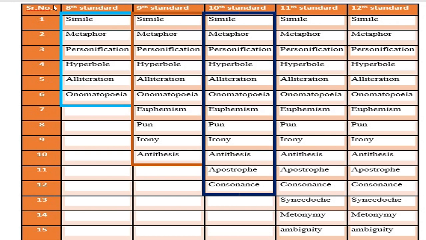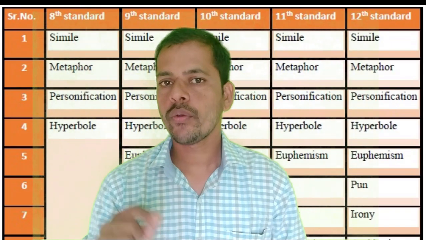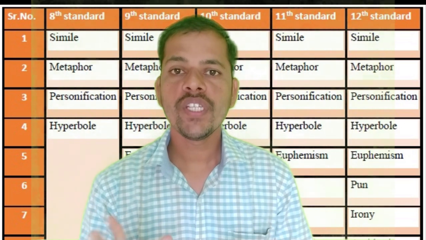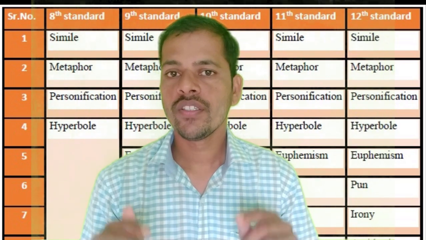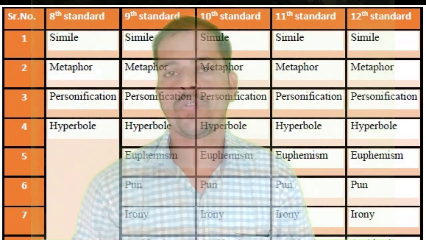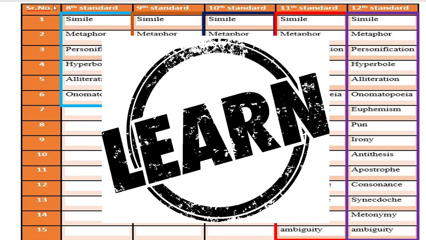For 10th standard again there are 2 more figures of speech, which are apostrophe and consonance. For 11th standard again 3 figures of speech are added: synecdoche, metonymy and ambiguity. From 8th to 12th standard there are 15 common figures of speech included in the syllabus, and we will discuss those 15 figures of speech. So let's learn figures of speech.